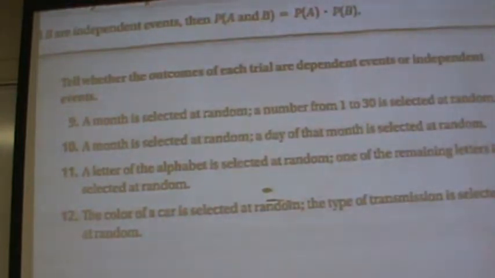So in that case, if you were doing probability, you would multiply the two. Number 10, a month is selected at random, and then a day of that month is selected at random. A day of that month. Dependent. Yep.